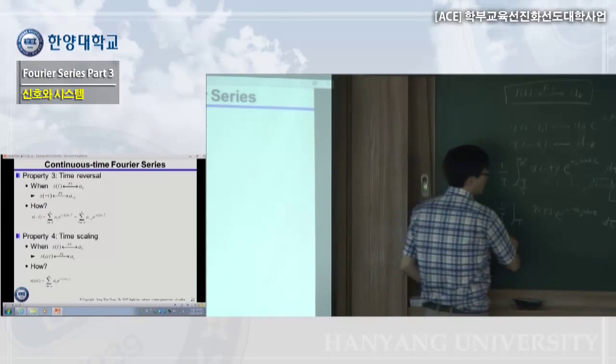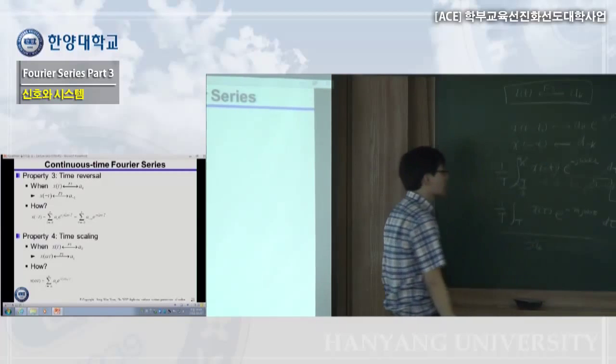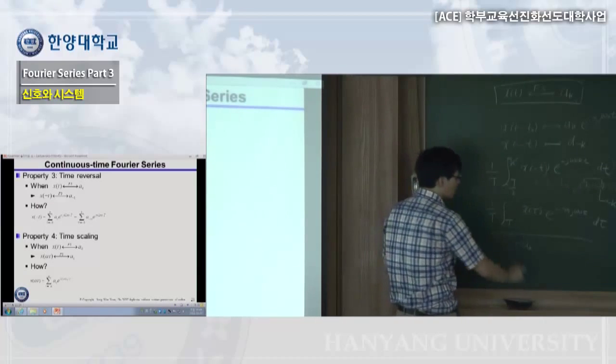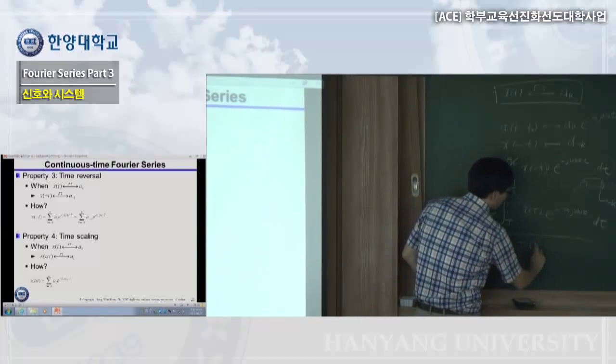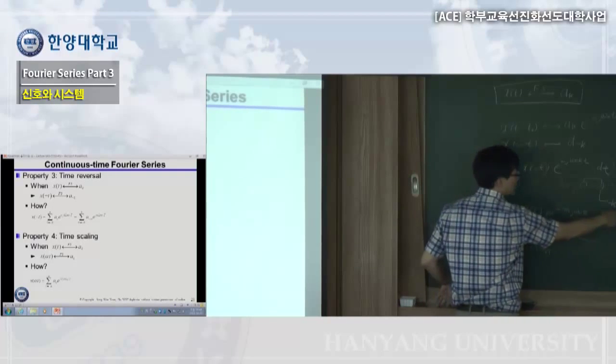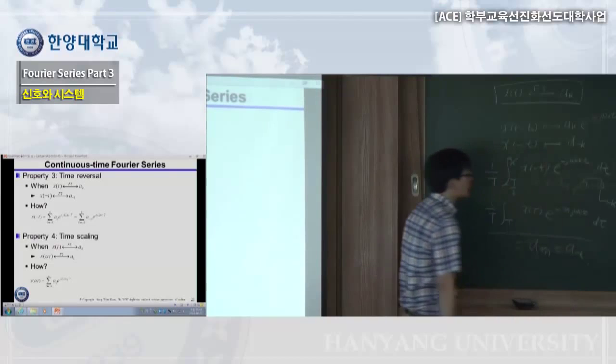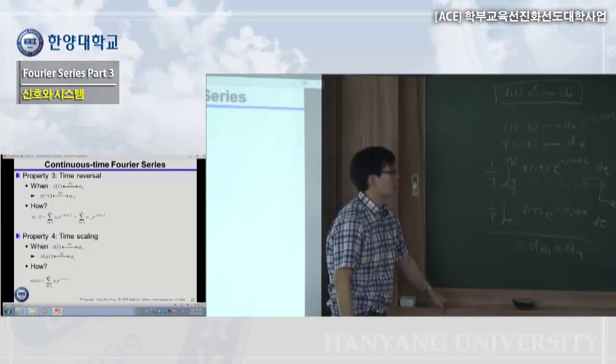So what this one looks like is exactly ak. But note that this one is actually am, where we assume that m is minus k. So we can say they are a minus k. That's one way you can do it.